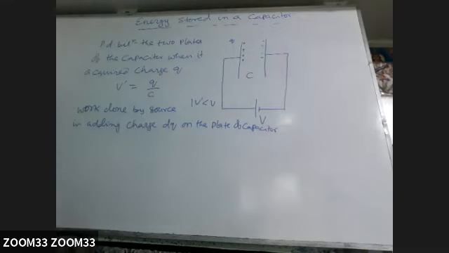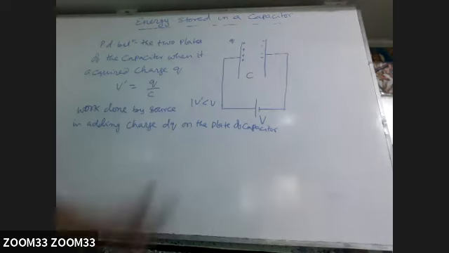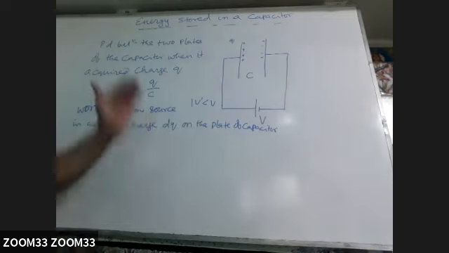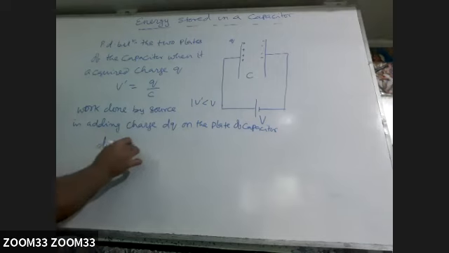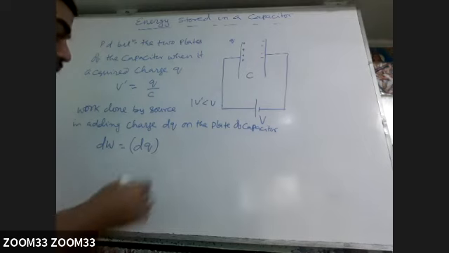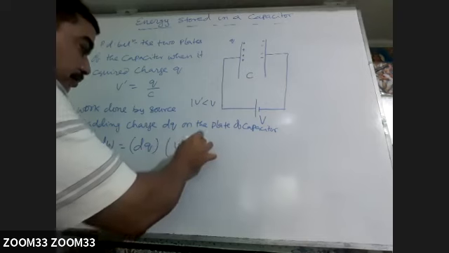When charge increases, its potential will also increase. So work done is charge into the new potential difference. So this dW will be the charge added, that is dq, and the new potential difference, maybe we say, is V dash plus dV.